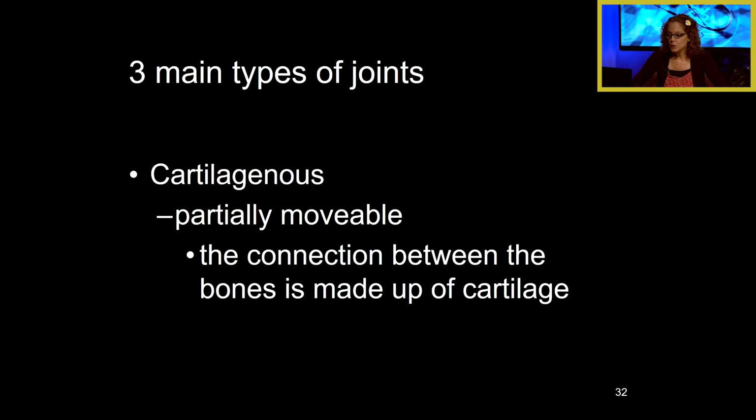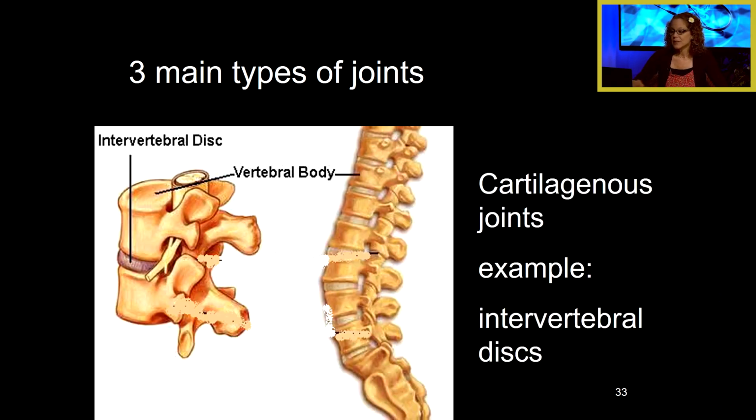The connection between the bones is made up of cartilage. A good example of this one are our intervertebral discs, okay? So we've got these vertebral bodies, and then we have these cartilage type discs that connect those bones together, and these are partially movable.